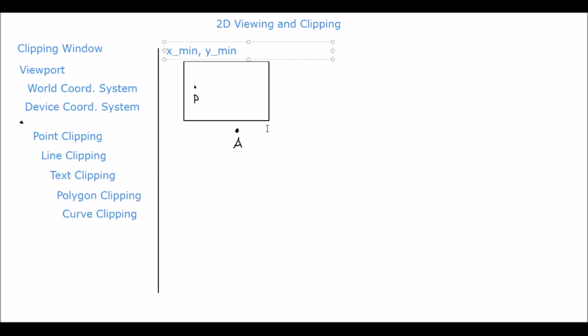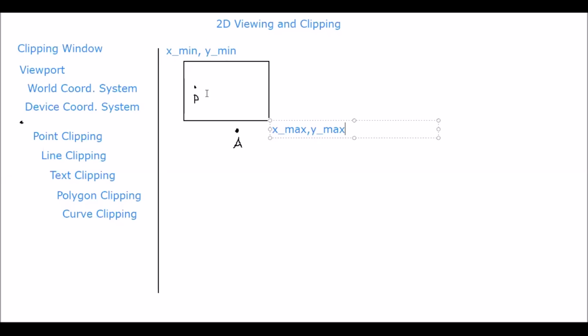Here on the right bottom, you will have x max and y max. X max and y max tell us about the maximum value of x and maximum value of y, while x min and y min tell us about the minimum value of x and minimum value of y.